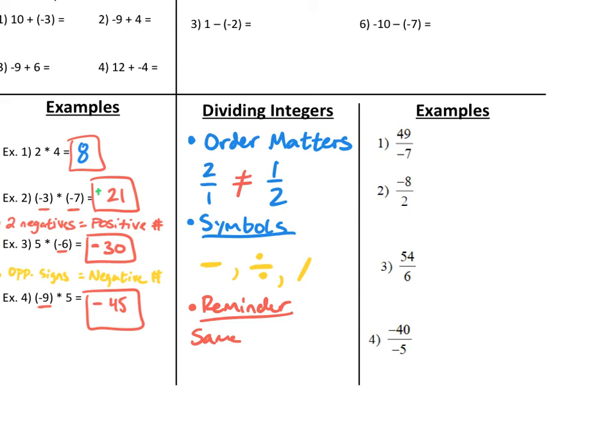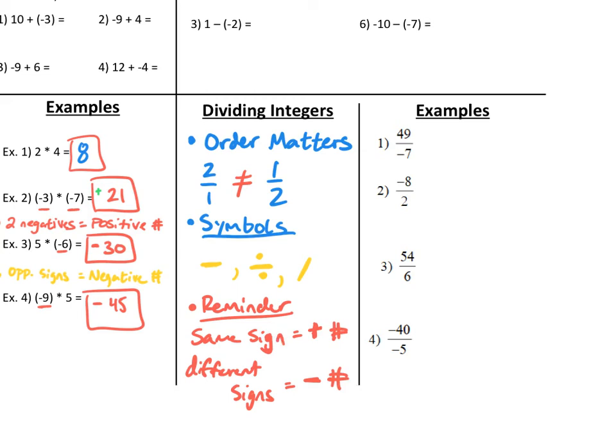When they have the same sign, it equals a positive number. And when they have different signs, it equals a negative number. Okay, so that's just a little reminder.